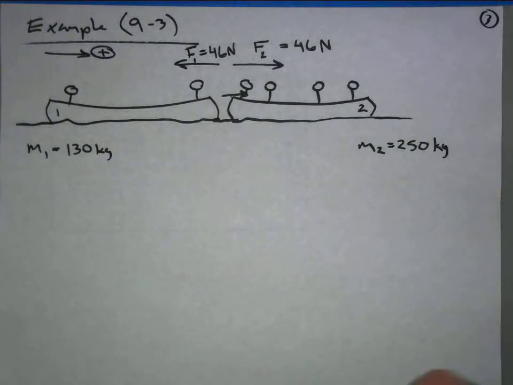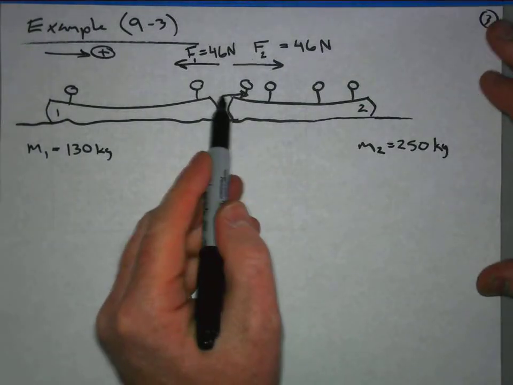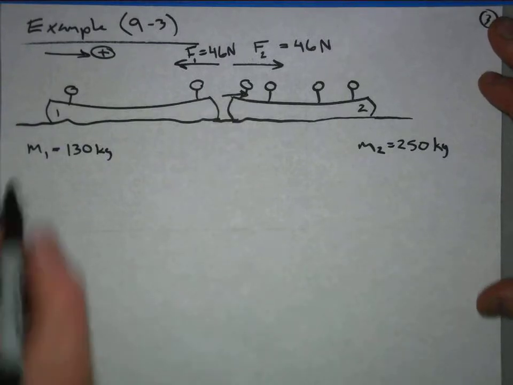So we're going to need to find the momentum of each canoe. And we're also going to want the velocity of each canoe after that push. Now, if we're going to do that, we'll need to know that this push occurred for a certain amount of time.